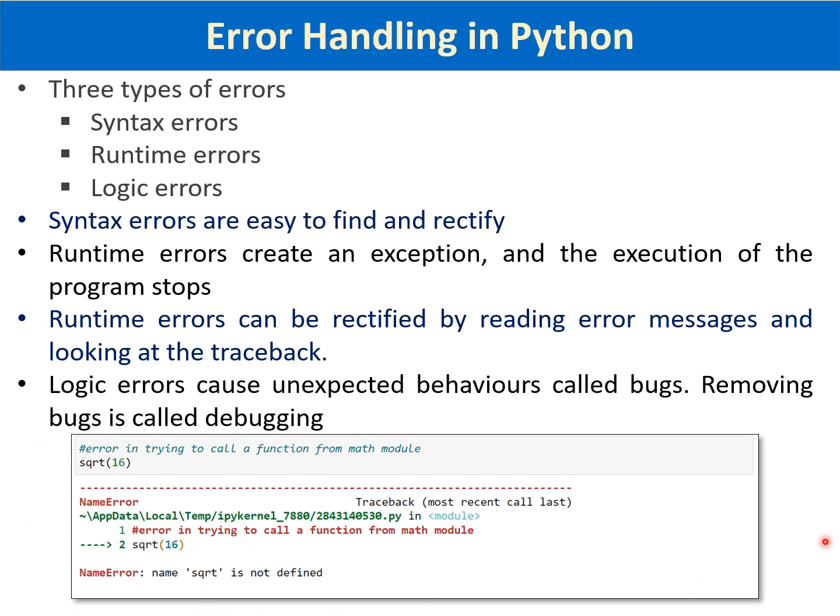Like in this error message, as you can see there, the name of the error got printed, followed by the details of the error, and also a traceback on where something could have gone wrong in the program.